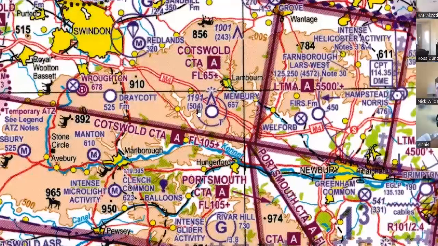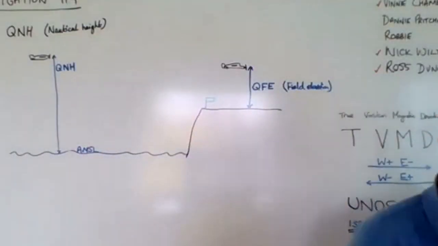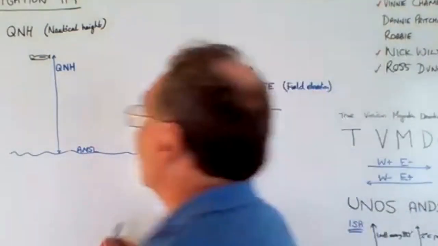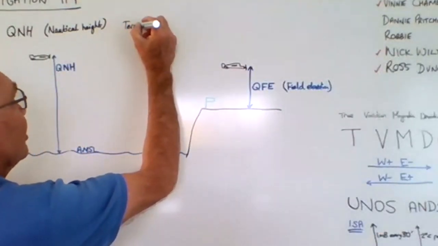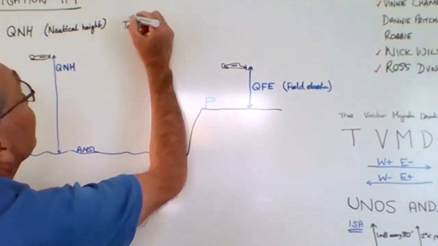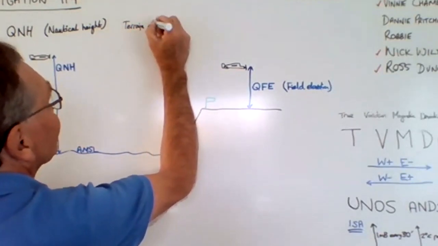So, yep, Ross is dead right in that the first thing we're using QNH for is obviously terrain clearance.